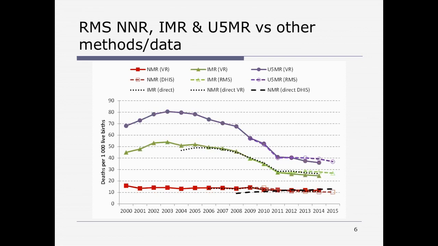Also included on this graph is another estimate, represented by a dotted line here. There's also a dotted line you can hardly see there, which is doing a direct calculation, taking the vital registration deaths under 1 divided by the births registered up to 1 year after the year of birth, showing you that because the completeness is roughly similar, you get a pretty good estimate simply directly from the data.